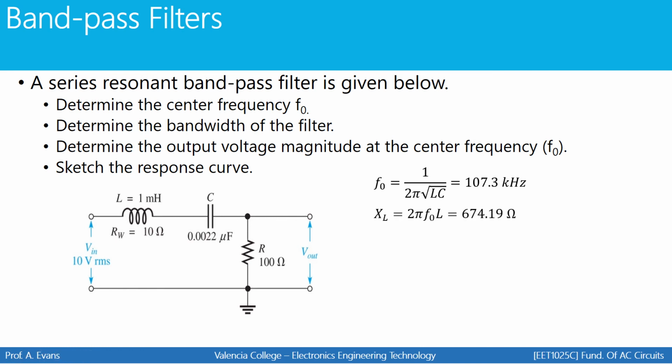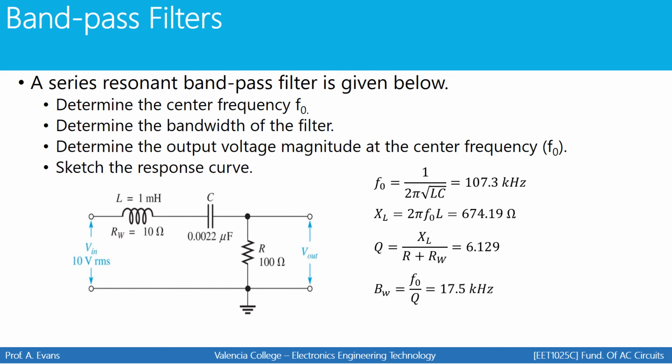So now we're going to determine the bandwidth. First, we're going to find XL by doing 2 times pi times the center frequency times L. And then we're going to determine the quality factor. This is a series resonant band-pass filter, so our quality factor is XL divided by R plus RW. The quality factor is a ratio, so it does not have a unit.